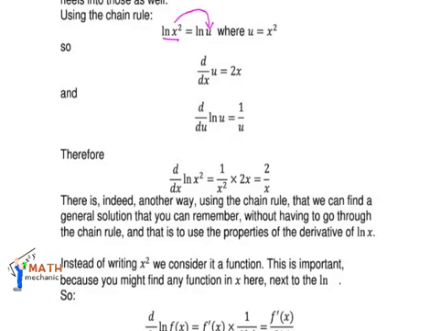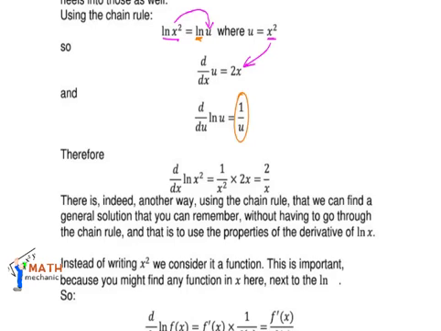Because of the chain rule, we find the derivative of u, of x squared, which just becomes 2x, standard sum rule, and then we also find the derivative of ln, which is 1 over u, and then replace that with the original value of u, which was x squared, and we multiply them according to the chain rule.